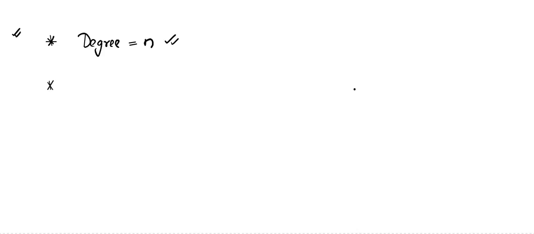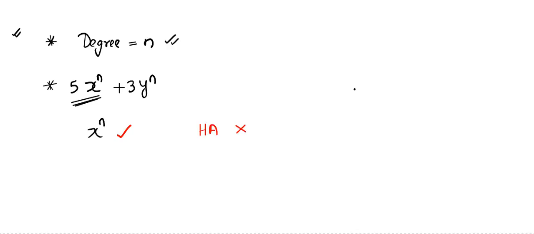Now you have to check whether the expression has x power n and y power n terms, maybe like 5x power n plus 3y power n. If x power n is present, I'll put a tick mark. If x power n is present, horizontal asymptotes are absent.